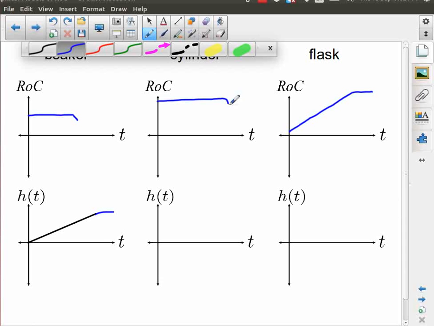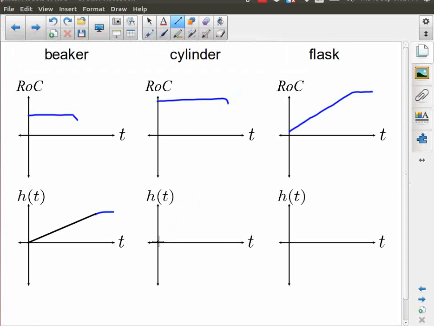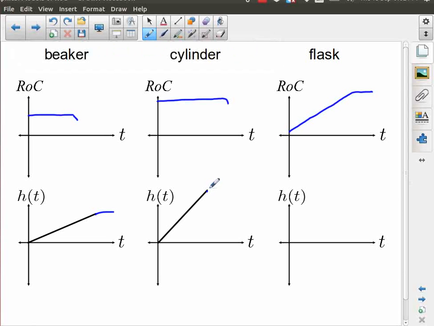This one is going to fill more quickly, so the height is going to go up faster in the cylinder, and then when it gets to that little lip, this is just going to be a little less steep. Still going to be positive, but a little less steep.